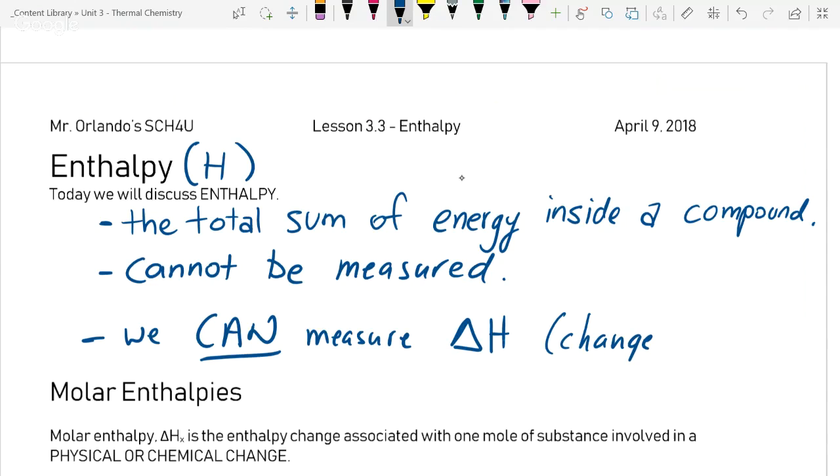Good. We can't measure enthalpy, but we can measure its change.